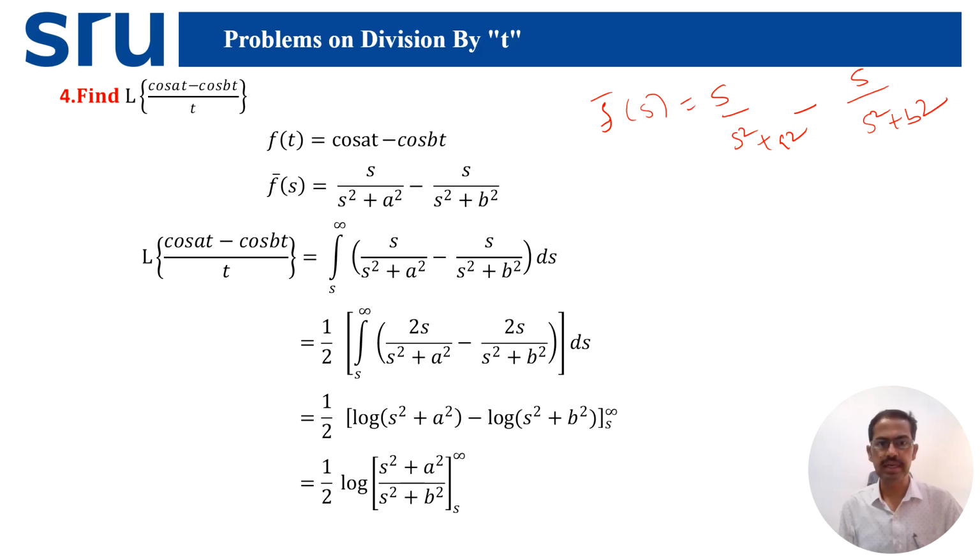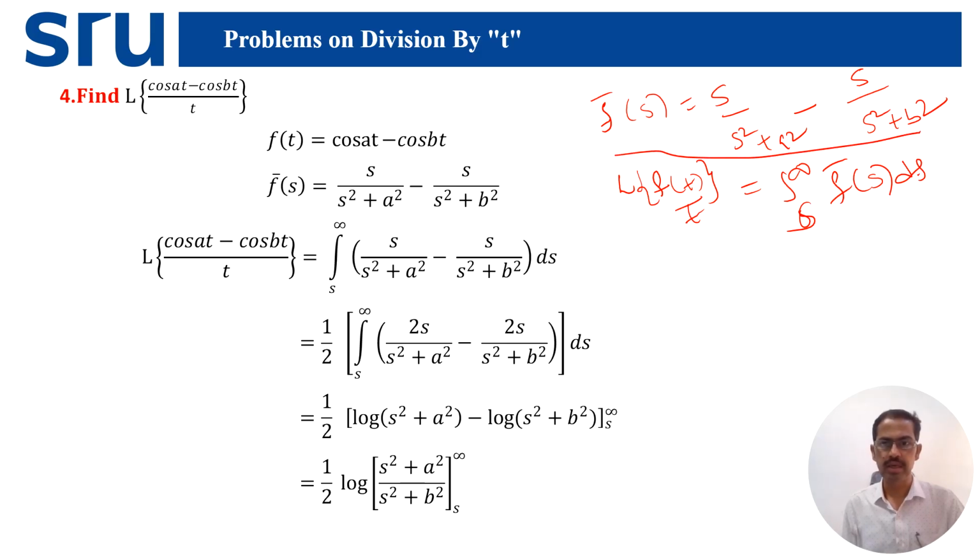Now the Laplace transform of division by t: the formula is the Laplace transform of f of t by t is equal to the integral from s to infinity of f bar of s ds. Here f bar of s is s by s square plus a square minus s by s square plus b square, ds.